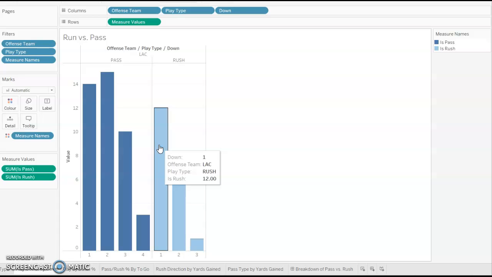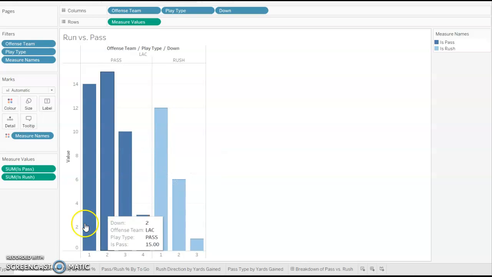What we're trying to figure out with all this is how we, as a defense, are going to stop the Chargers offense. Looking at this, you can see that on first down, it's kind of a give or take on if they're going to pass it or rush it. So you kind of have to use that information to feel out how they're going to run their next plays.